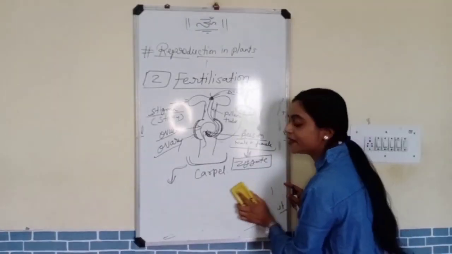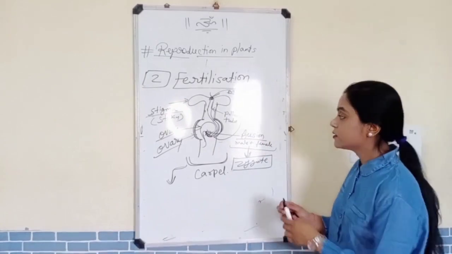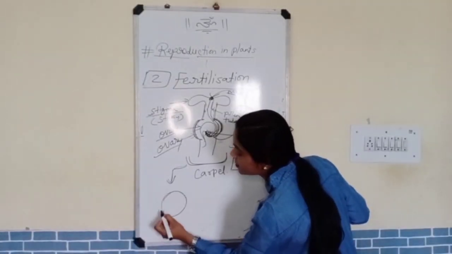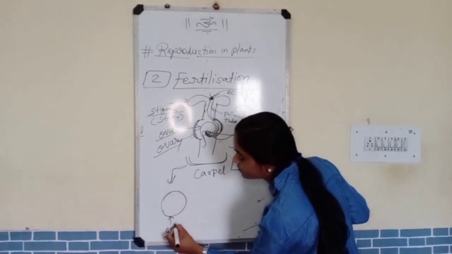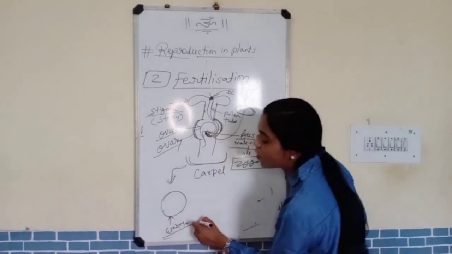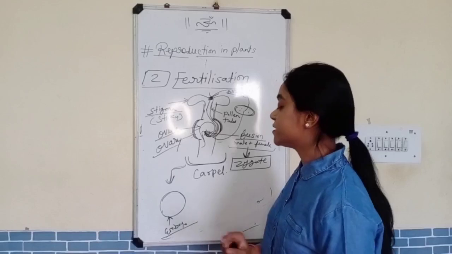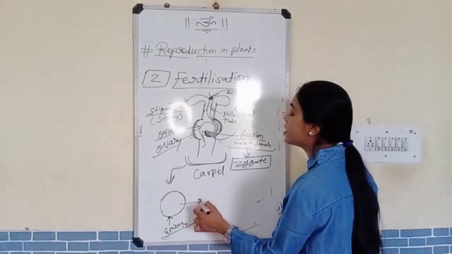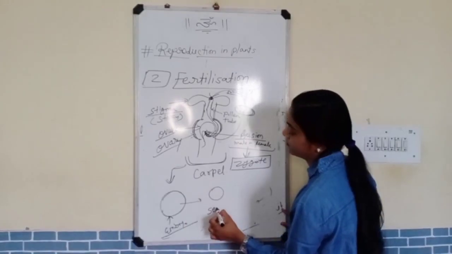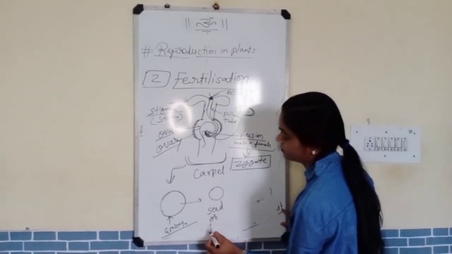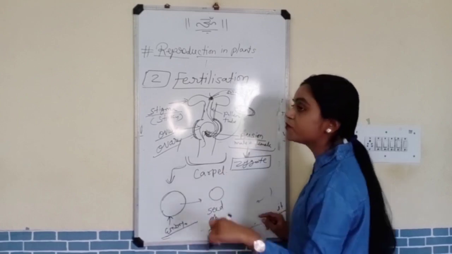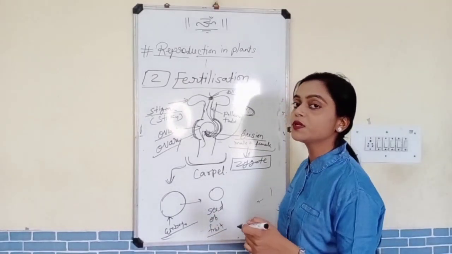See, this is the embryo. We have learned that the zygote becomes a bigger cell called the embryo. Later the embryo becomes the seed of a fruit. But what about the outer part of the fruit, the cover of the fruit?